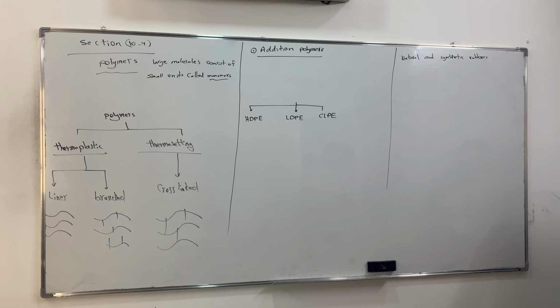Polymers are all around us. The food we eat and the clothes we wear are made of polymers. Some of the most common natural polymers include starch, cellulose, and proteins.